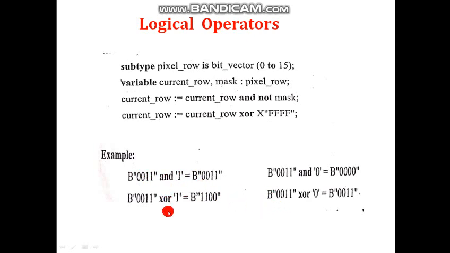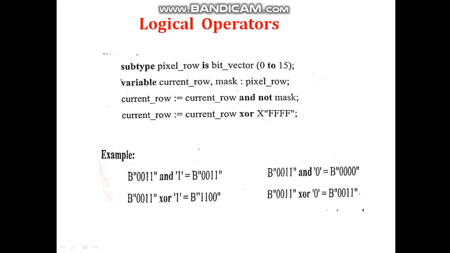This is about AND and XOR. Again, if you AND with a 0, all terms will be 0. If you XOR with 0, the term will remain the same. This is all about logical operators which are used in VHDL programming, and the logical operator will be used again and again for the different terms.